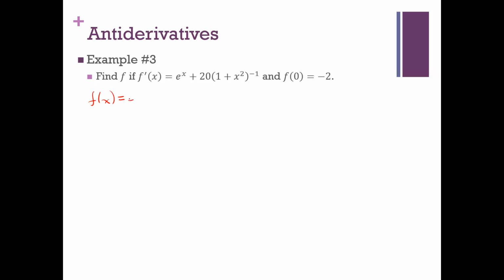Yeah, so that's one of those special characteristics of e to the x. It is its own derivative. And how about this other thing? 20 times 1 plus x squared to the negative 1. Does that look like something you've seen before?